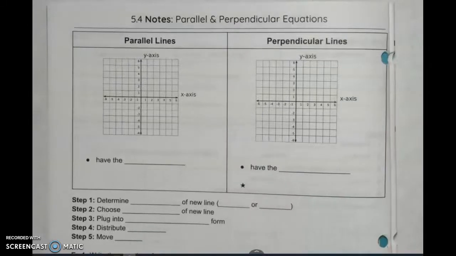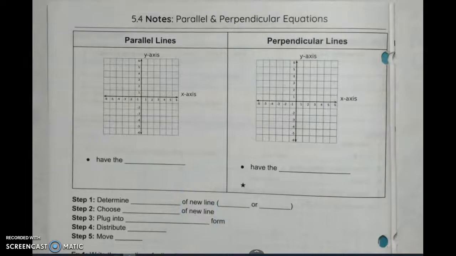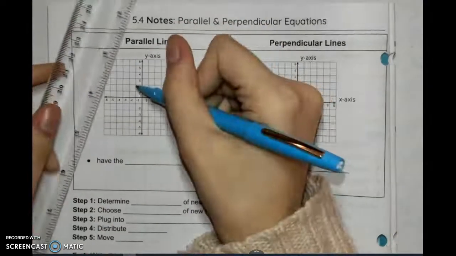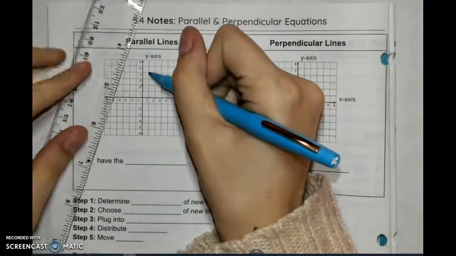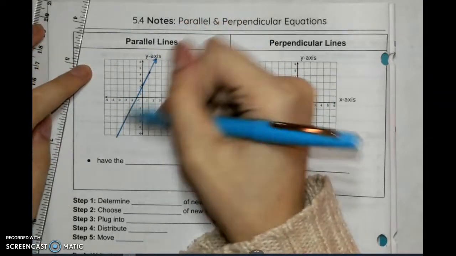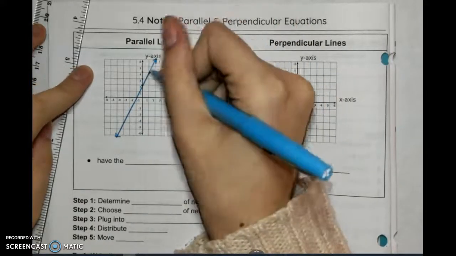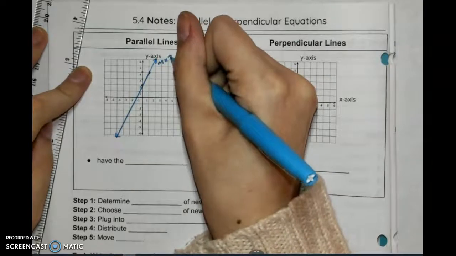This is Ms. Norman, and today we're going to be looking at parallel and perpendicular equations. So first, we're just going to remind ourselves what parallel and perpendicular lines are. Parallel lines have the same slope. So here, I have a line that has a slope of 2, up 2 over 1, m equals 2.